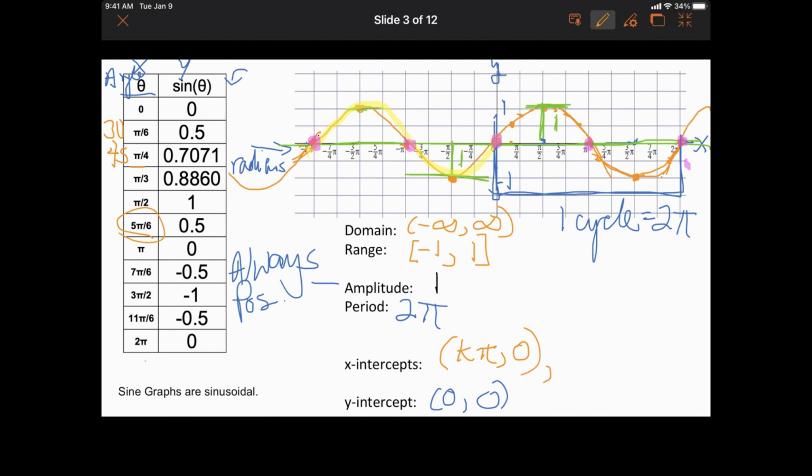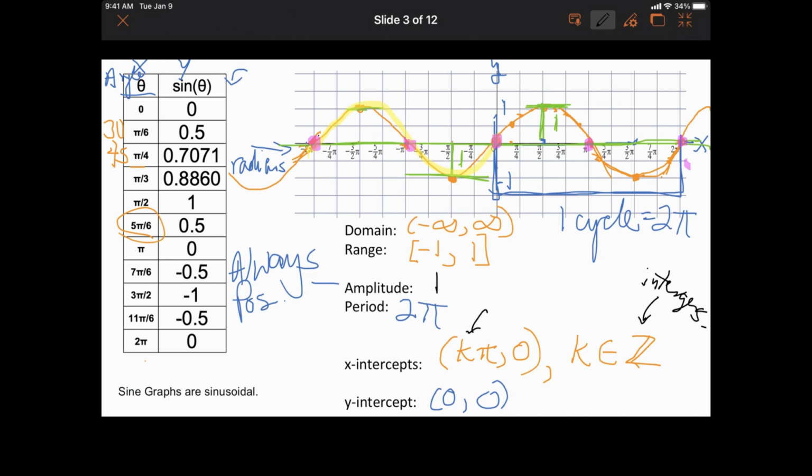Now we have to say what k is. k is an element of the integers. You learn the different number sets in Algebra 2 maybe once, but that means integers. Integers are positive and negative numbers, whole numbers, no decimals, no fractions. So k can be -2, -1, 0, 1, 2, 3, 4, 5. So it'll get you that repeating that we're looking for.